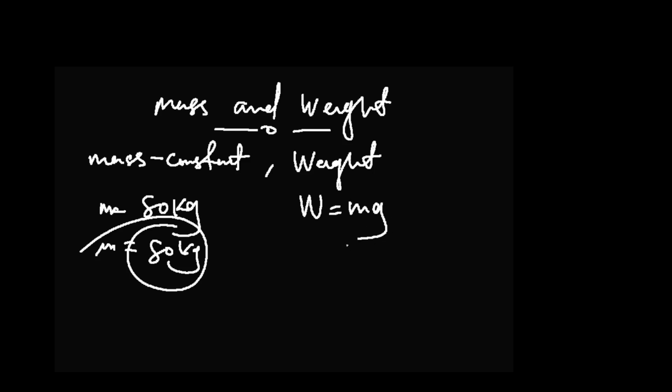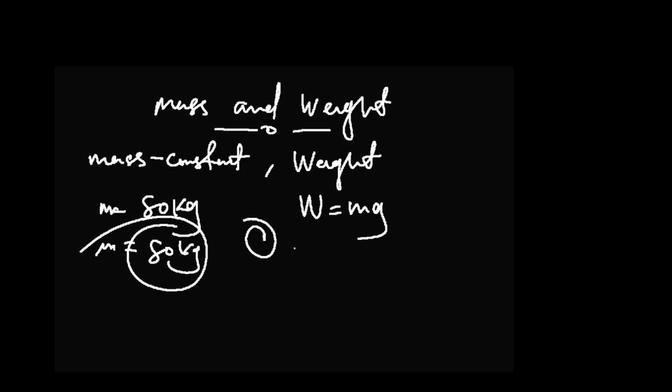So examiners can ask you, instead of asking directly why weight varies, why is gravity not constant? Why does gravity vary? Number one, because the earth is not perfectly spherical.